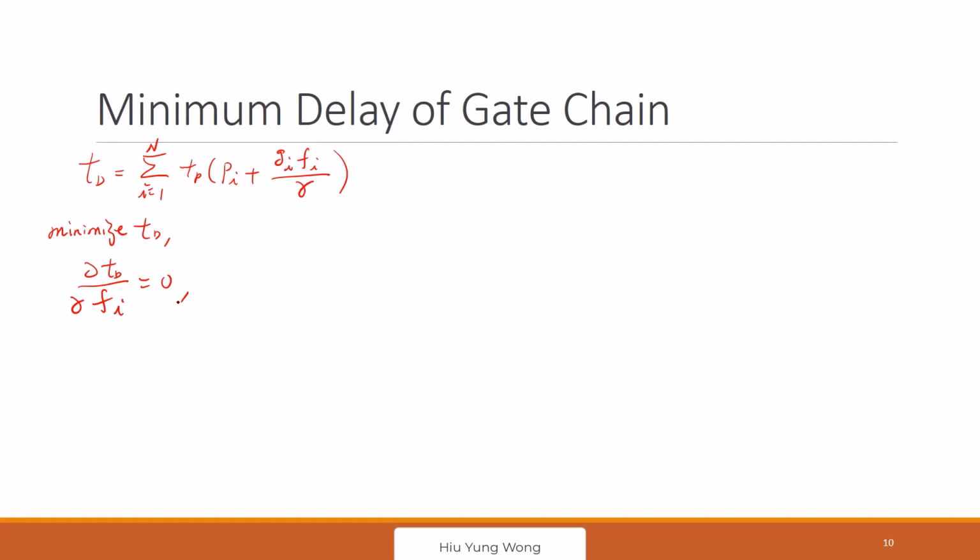Let's just do the derivative, right? The first term has nothing to do with fan out. So when I do this one, I get Gi divided by gamma. Oh, did I do something wrong here?